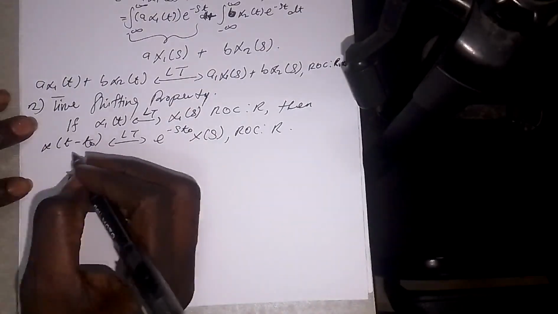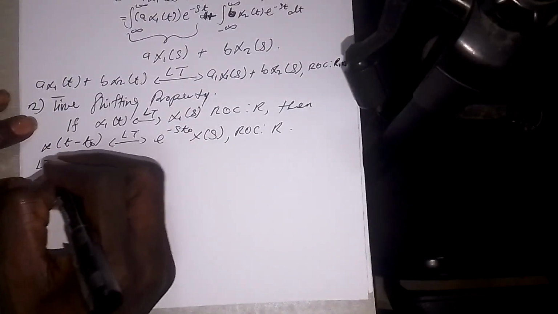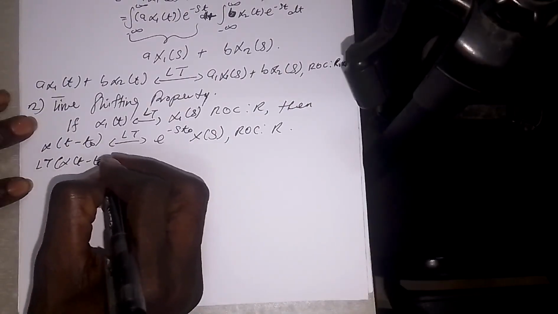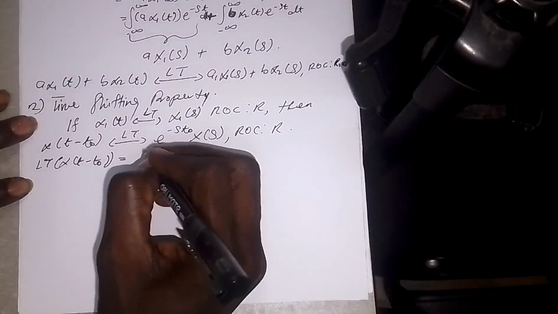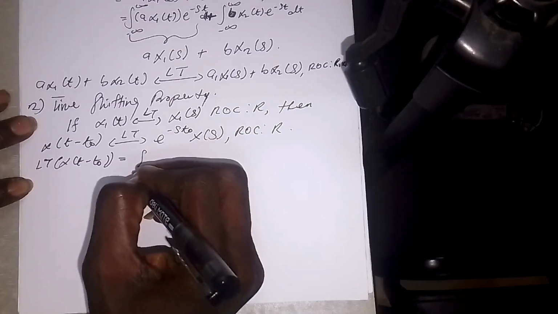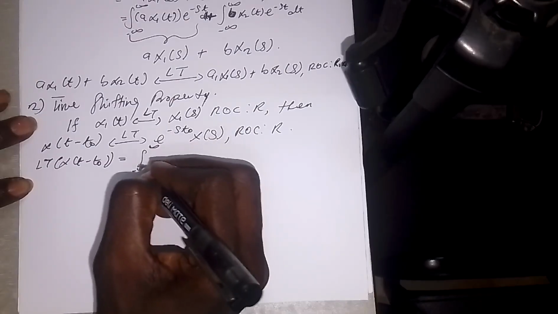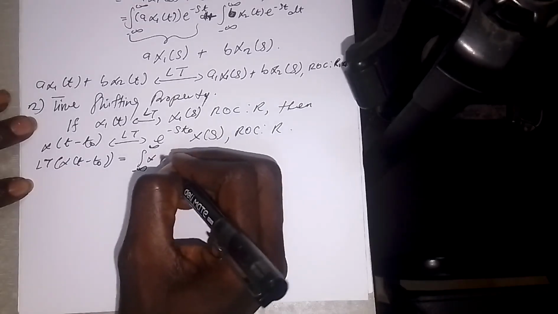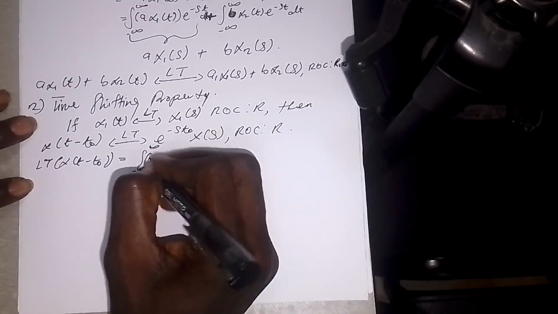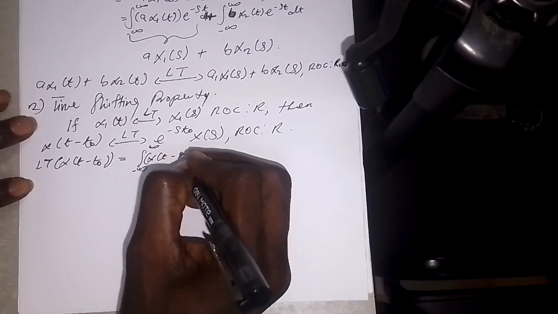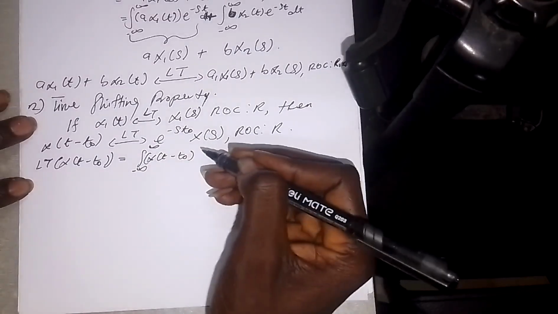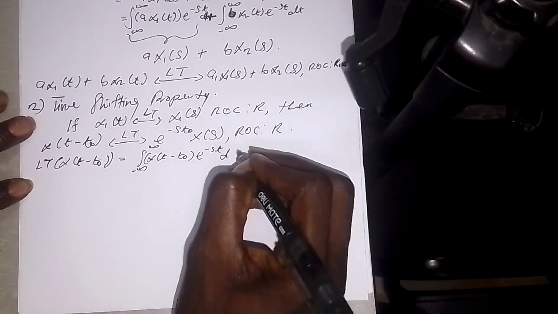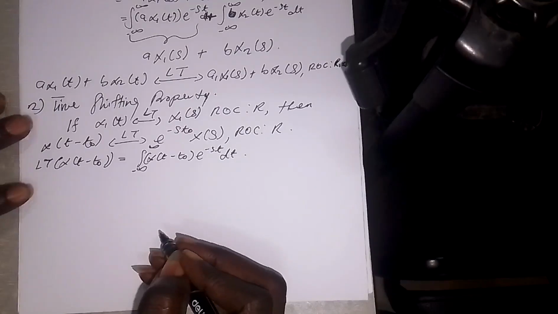So now here, the Laplace transform of x of t minus t naught is equal to the integral from minus infinity to infinity of x of t minus t naught into e to the minus st dt.